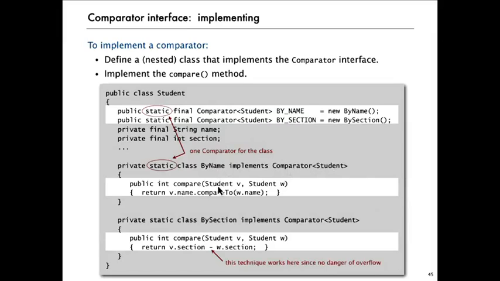When you compare two students by name, it's going to use the string compareTo method. If you're going to compare two students by section, then it'll return just the difference of the sections, which is minus if less, 0 if equal, and plus if greater. This code is a straightforward way to implement comparators that you can use as a model if you need to sort data on two different keys.